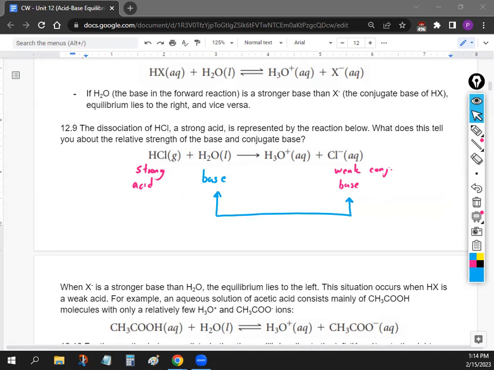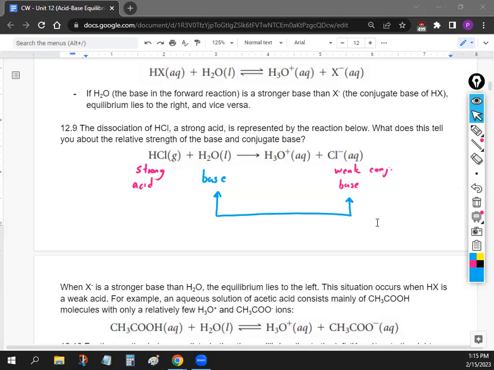All right. Anyway, so H2O is a stronger base than Cl minus. Why? Why is H2O a stronger base than Cl minus? Because H2O on the scale isn't as strong.